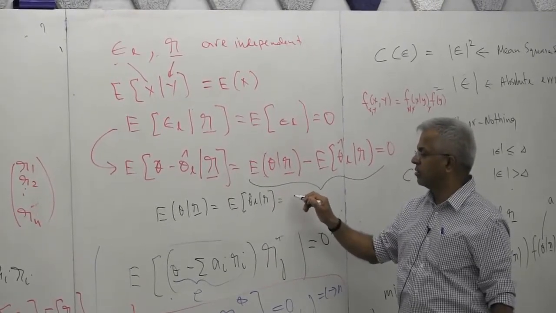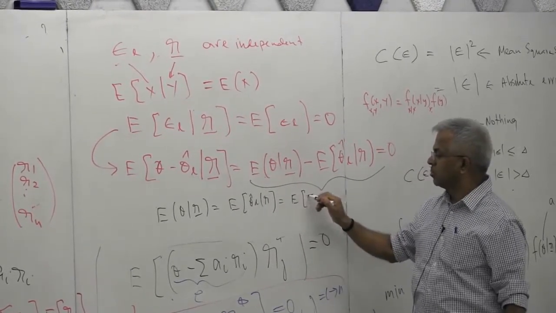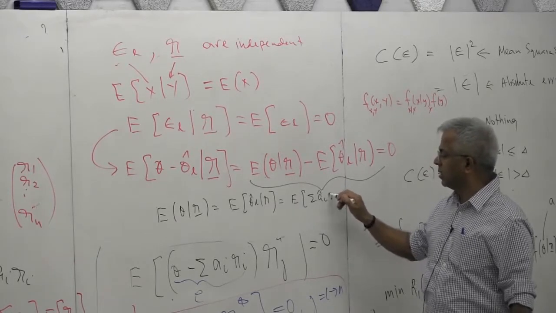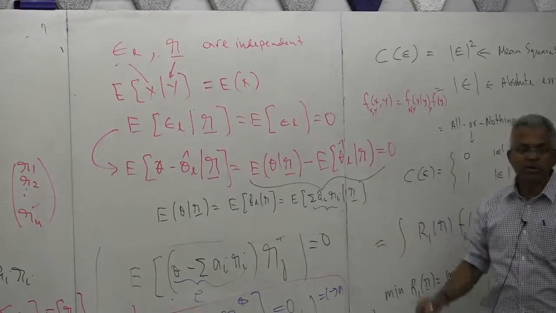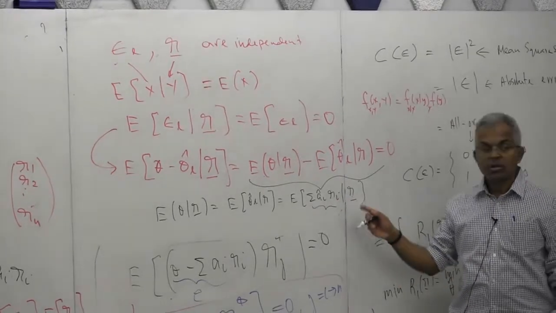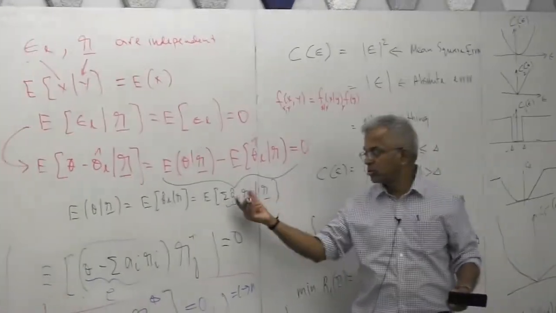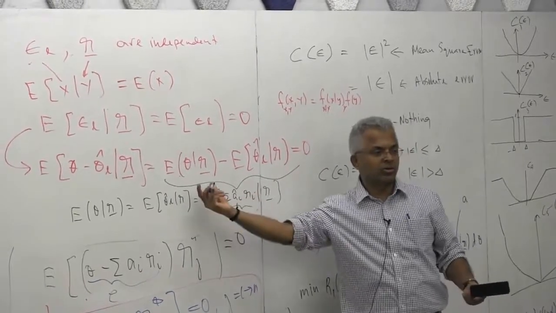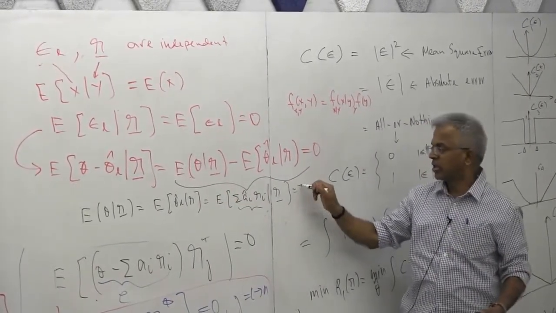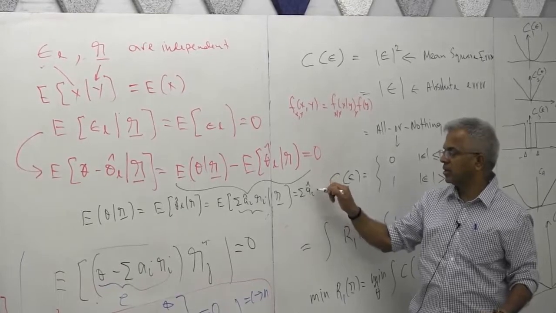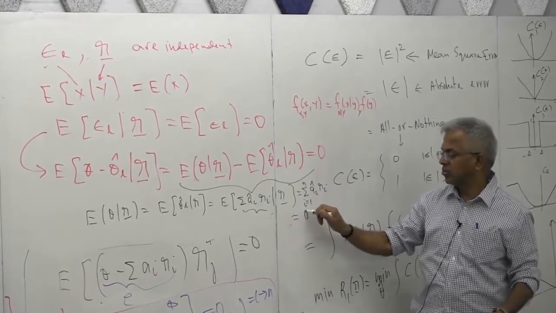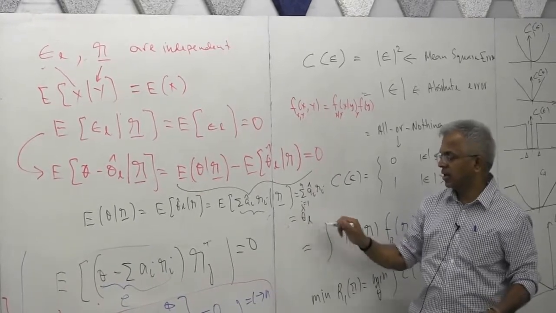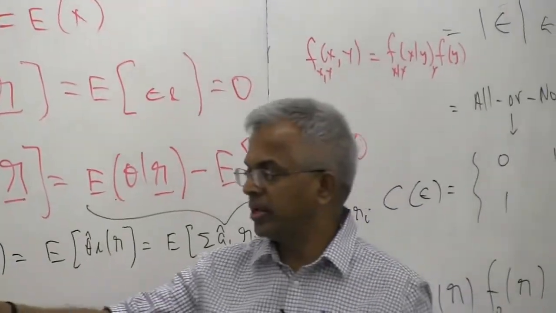Expected value of sigma AI hat Ri given R. So this quantity given R is what? R is given. So then this quantity is not a random variable. So that goes outside, right? So that's the same as sigma AI hat Ri, I equal to 1 through n. But that's the same as theta hat L. What is this quantity? Anybody?